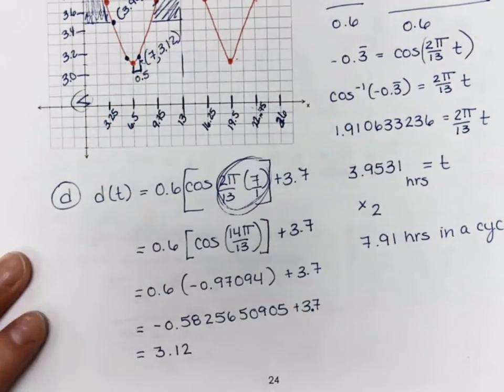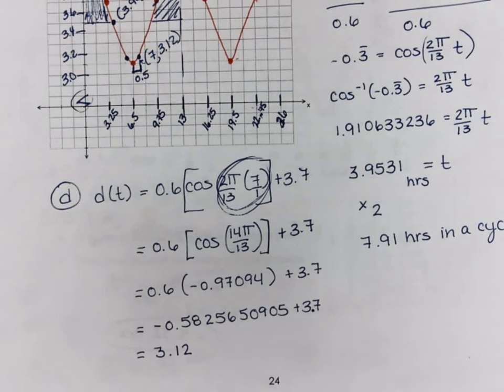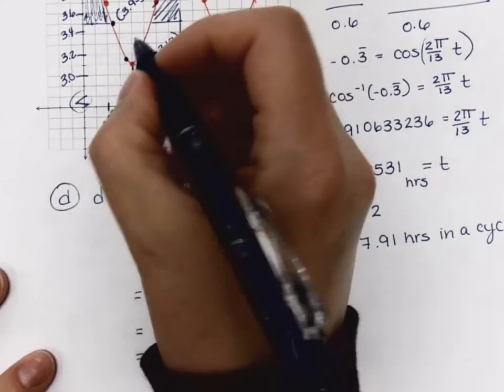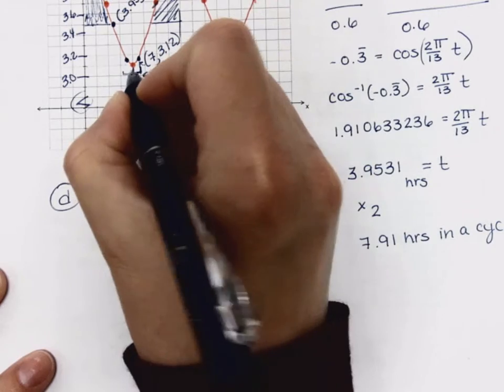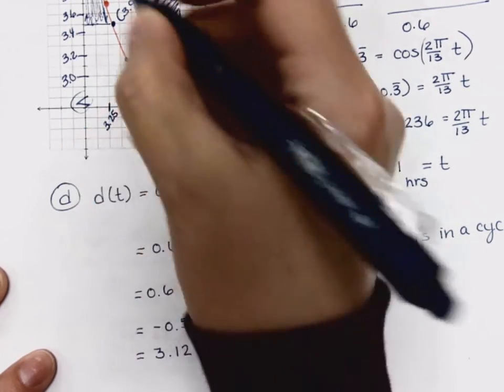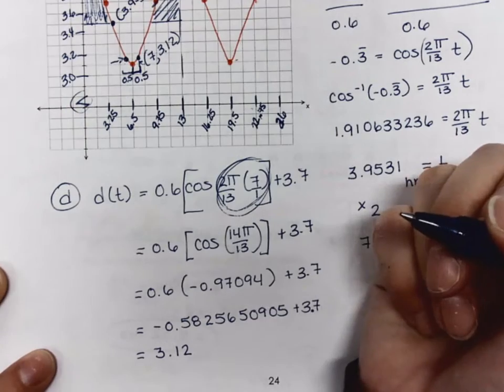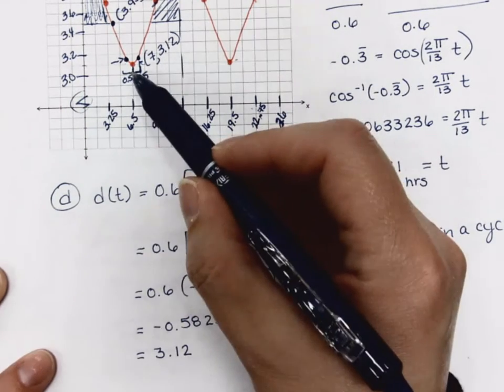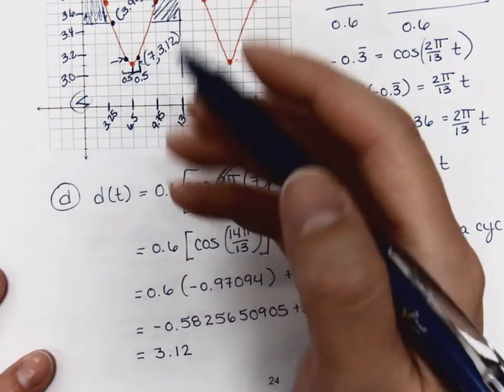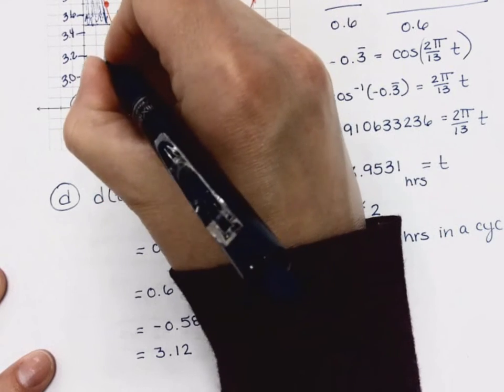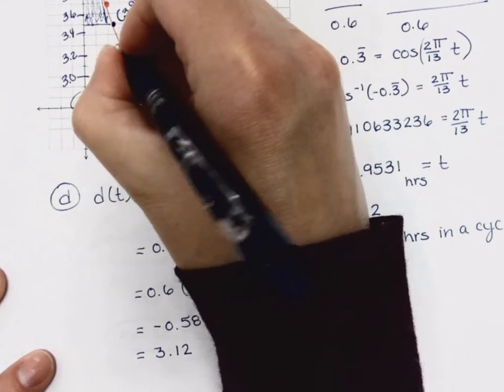What do we know is beautiful about waves? Symmetrical. So where's this point going to be on this side? 0.5. So what's the coordinate at this point? If you know this is 6.5 and you're going back half, 6 and 3.12.